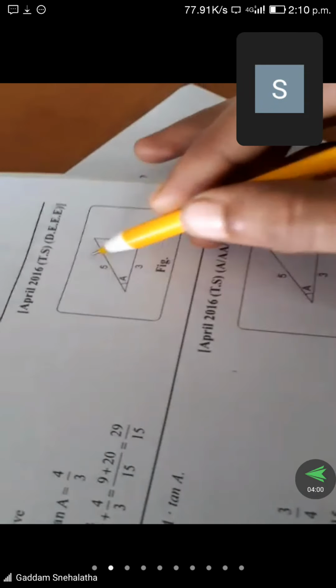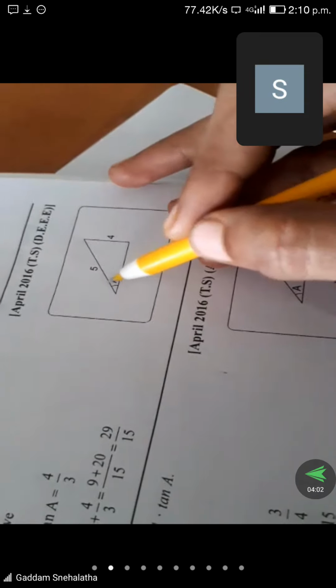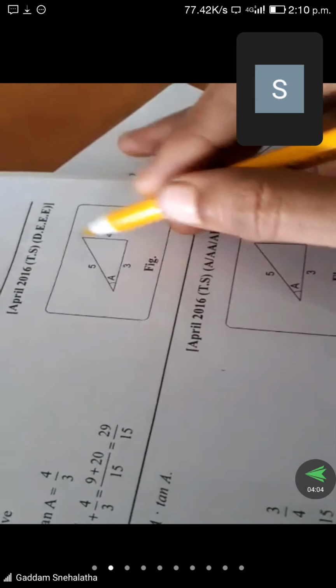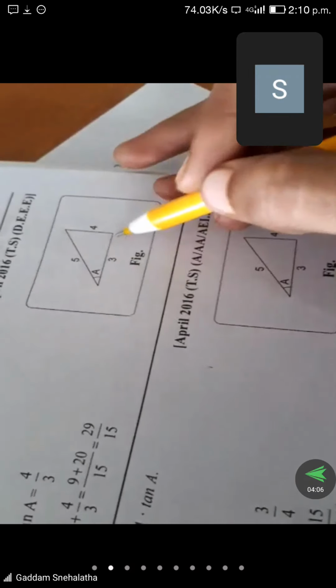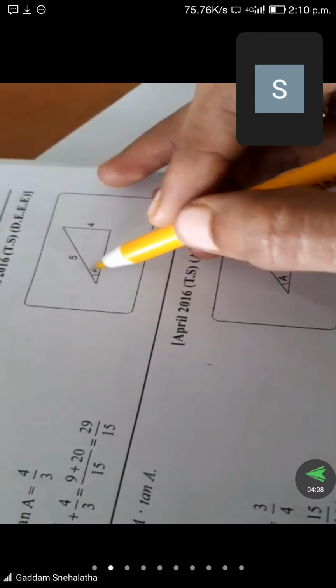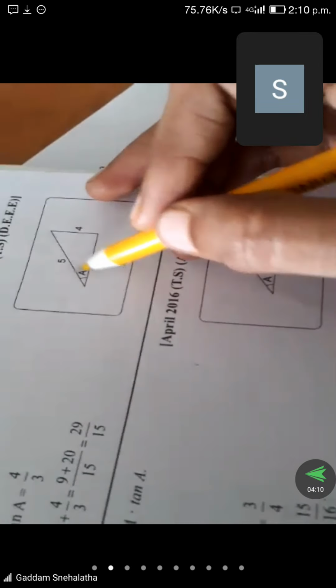So, this is the right angle triangle, and this is the angle theta. Sine A is given, so here the opposite side is this, the adjacent side is this, hypotenuse is this. We want to find the adjacent.